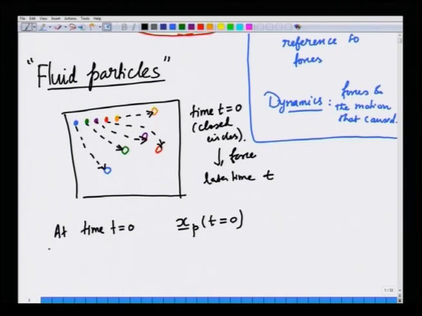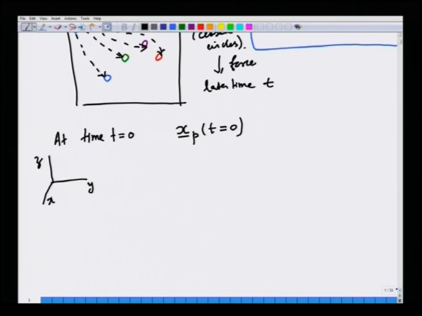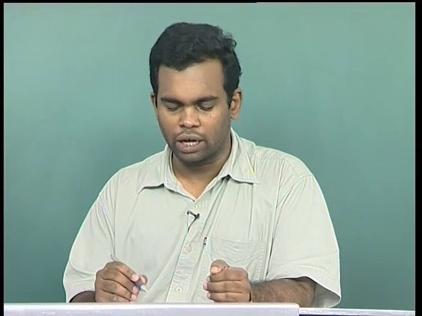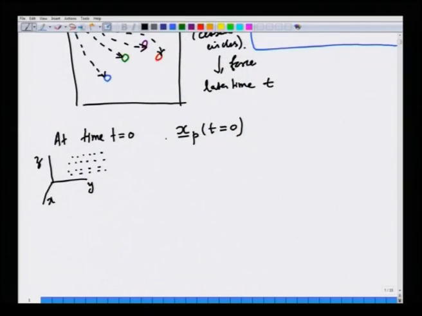So, with respect to a coordinate system, as usual whenever you analyze any problem in flow or fluids, you have to put a coordinate system. With respect to a coordinate system, you can label various points, okay, at time t equal to 0. How do you label points? Instead of using a dye molecule as I argued in this thought experiment, we can label each point by its initial location.